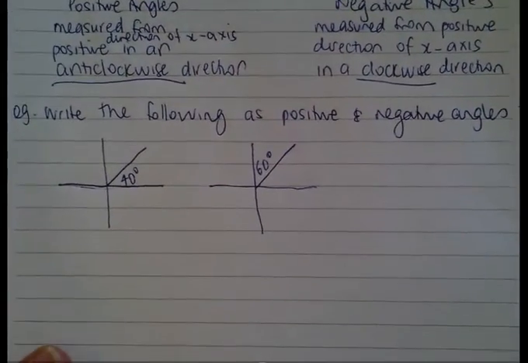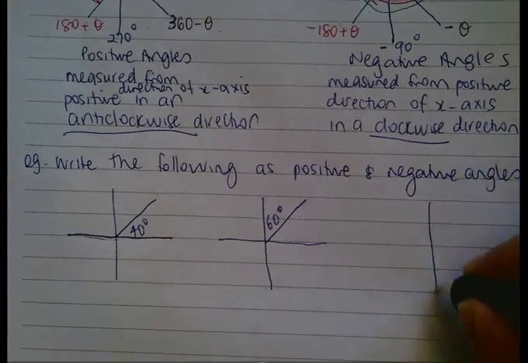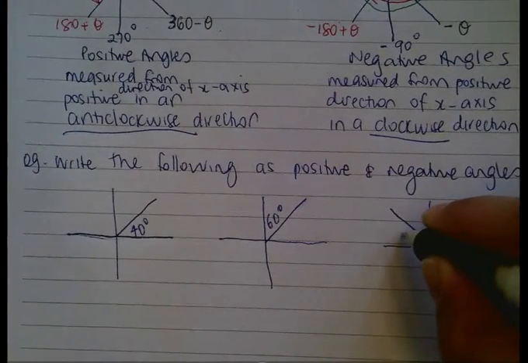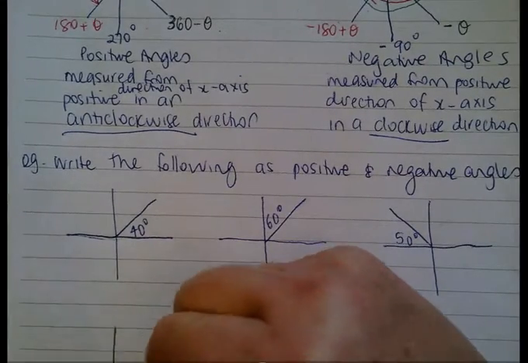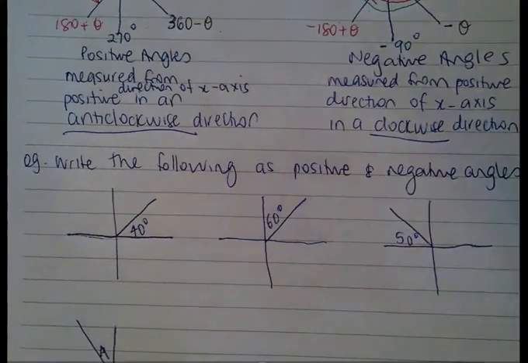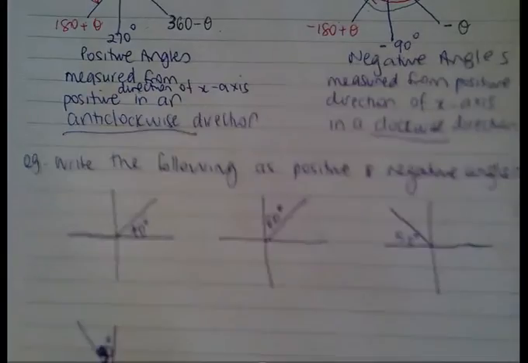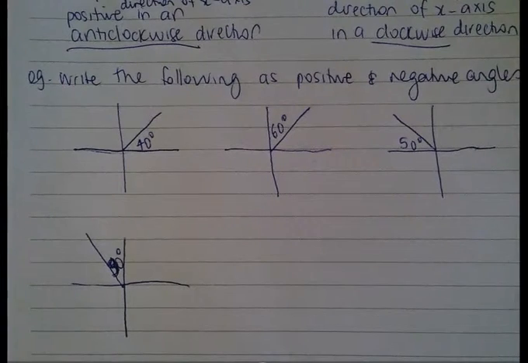I want you to write these as positive and negative angles. I'm trying to trick you by putting some angles in other places. All right. That's a 30, by the way. All right, let's start. So we're going to write them as positive and negative angles.